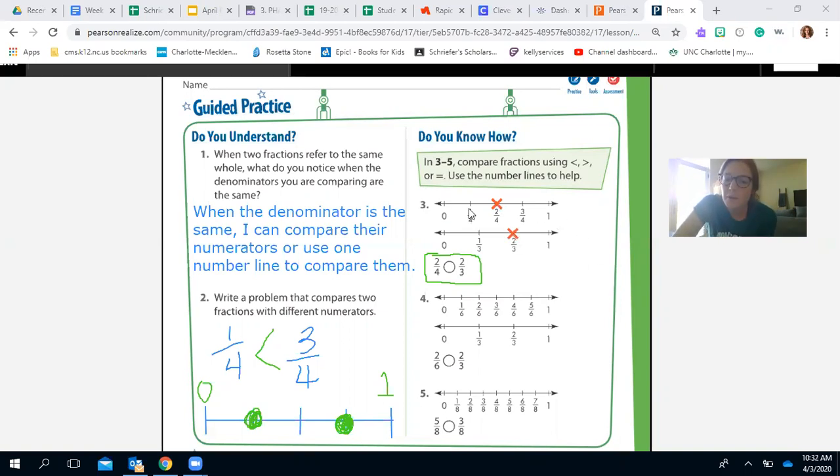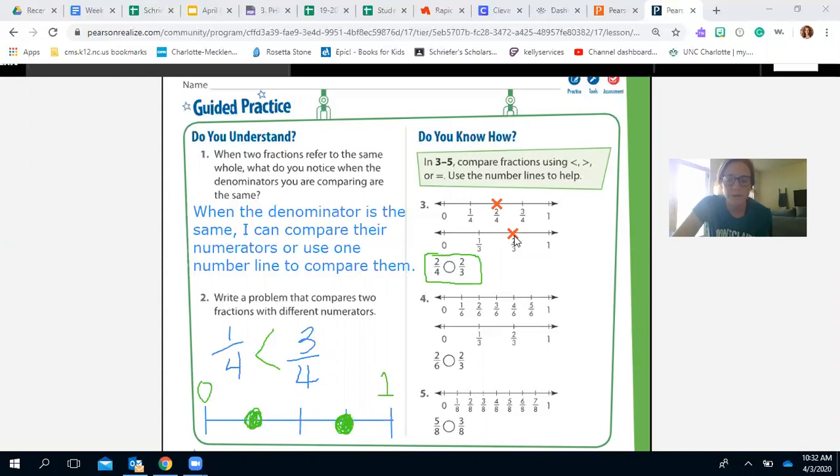Now, take a look at your number lines. You've got 0 here and 1 here. When you are comparing, you are looking to see which one has more, which one is closer to 1. So go ahead and tell me, which one is closer to 1? 2/4 or 2/3? They both have 2, but the size of the piece is different.